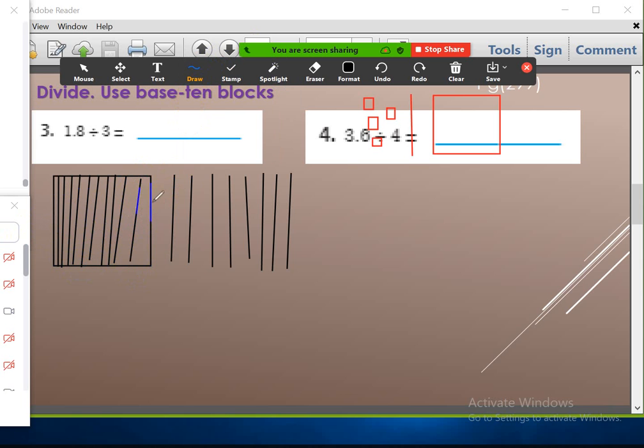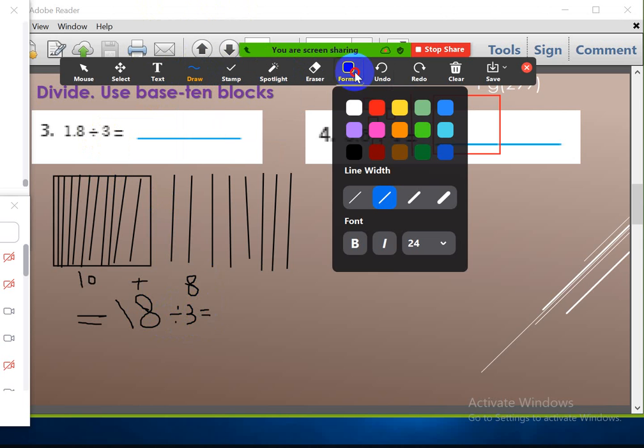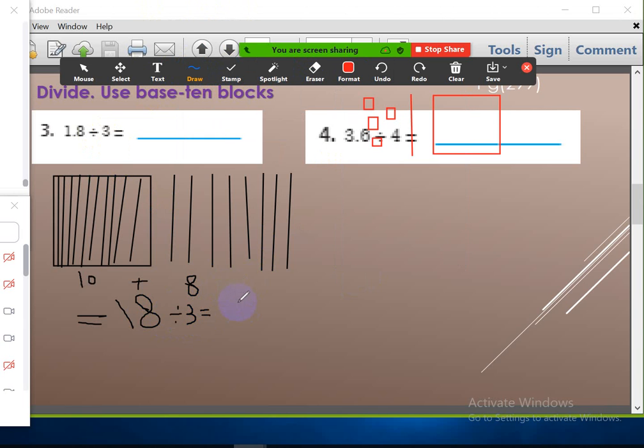So how many longs do I have in all? This is 10. Very good. And this is 8. That means I have how many longs? I have 18. So I have to divide 18 longs by 3. 18 divided by 3, Lana, equals 6.